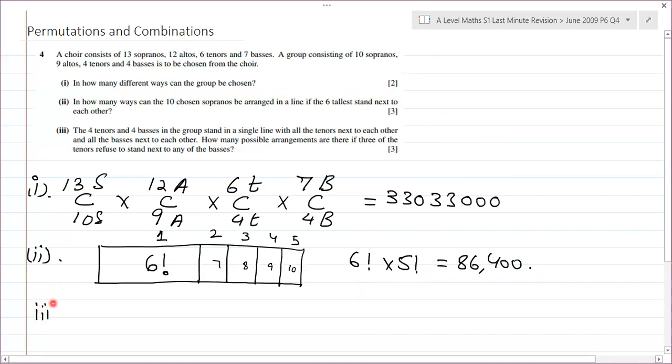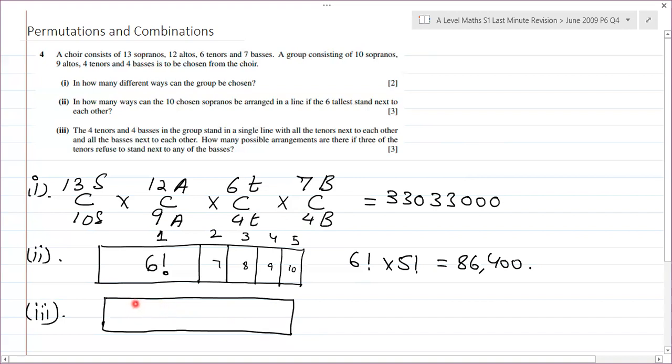Now part 3. The 4 T's and the 4 B's in the group stand in a single line, with all the T's next to each other and with all the B's next to each other. In how many possible arrangements are there if 3 of the T's refuse to stand with any of the B's?